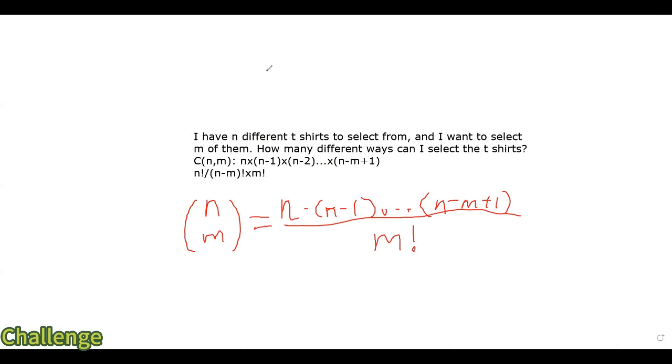So this is just for future reference: if you wanted to select m different t-shirts from n t-shirts and you wanted to disregard order, which means that it doesn't matter what order it is, this would be the equation to do so.